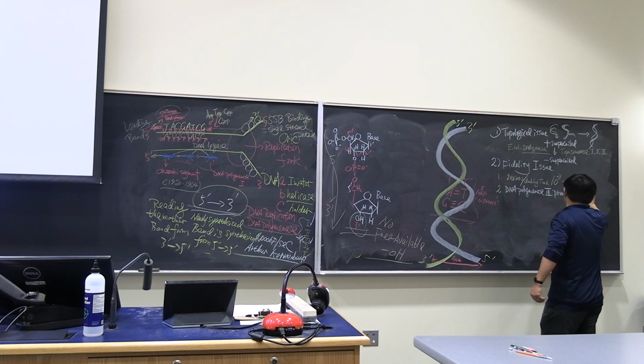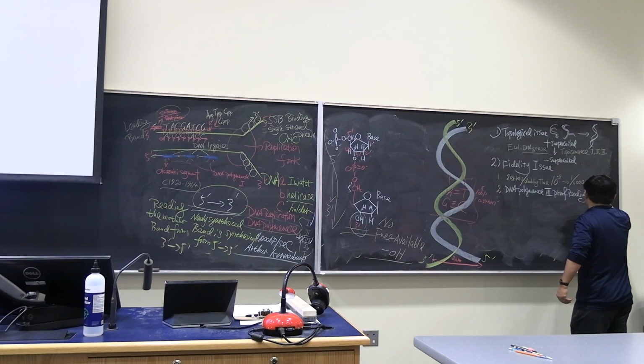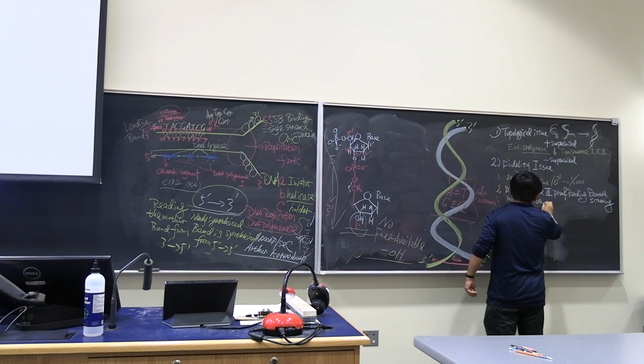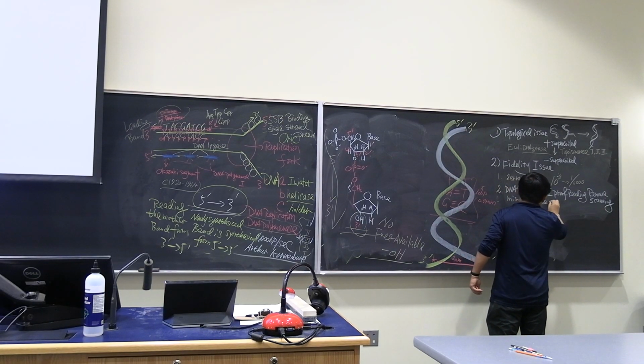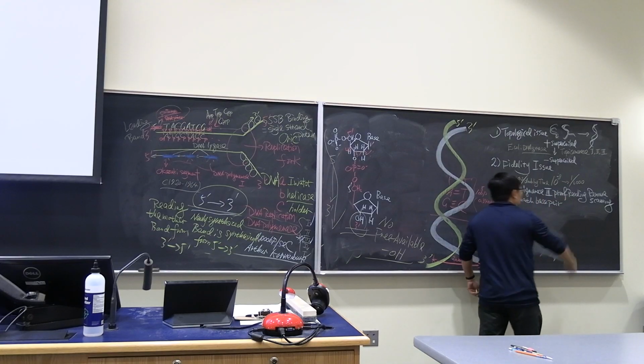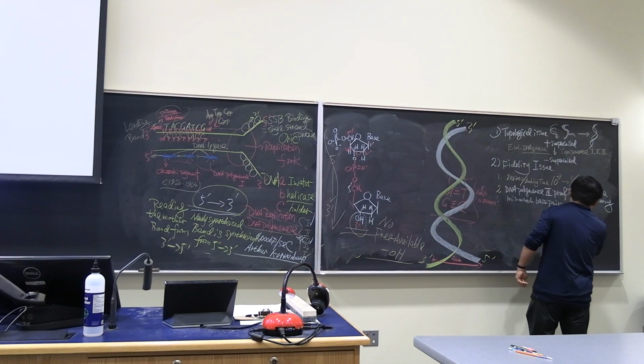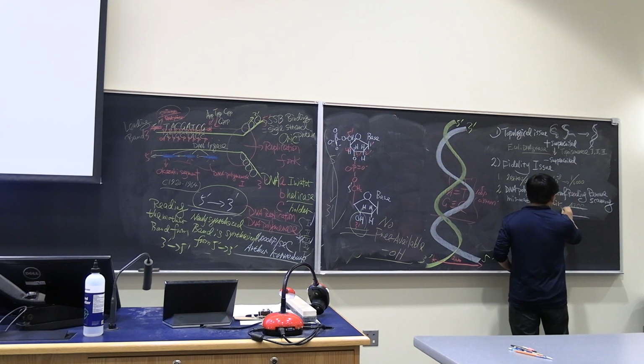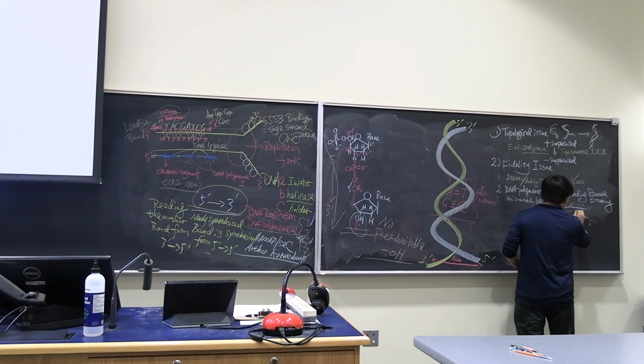So they will be removed through scanning to remove mismatched base pairs. So for example, okay, we have ATGC and we have TACG. Let's say we have TAGG.